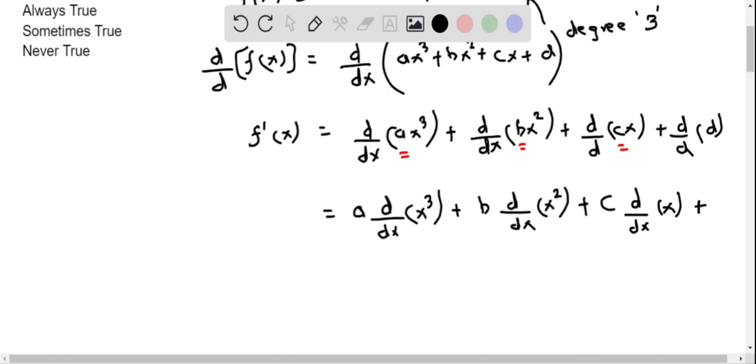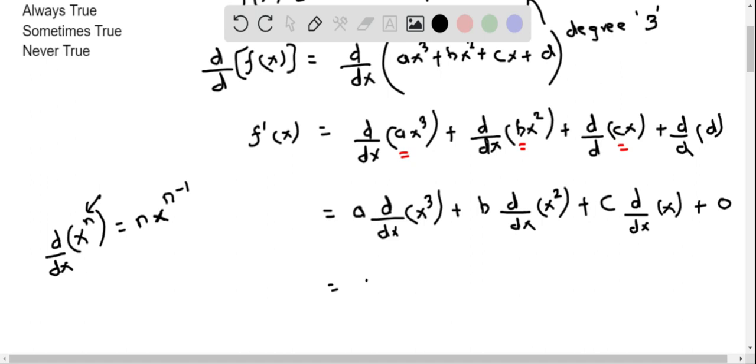This is according to the derivative rule. This is 0. Now I can use the power rule of derivative. That is, if you differentiate the function x raised to the power of n, this is equal to nx to the power n minus 1. That is, you take the power n, put it in front of x, and raise x to the power of n minus 1.